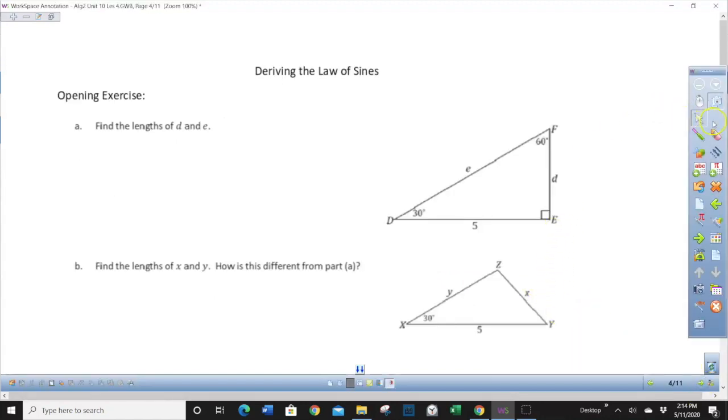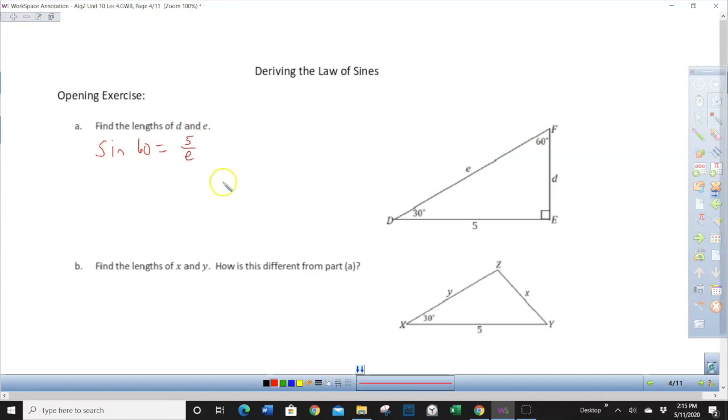So let's look at this first part of the lesson. It says find the lengths of D and E. So using right triangle trig, sine of 60 equals, so here's 60. If I'm doing sine, I'm doing opposite over hypotenuse.